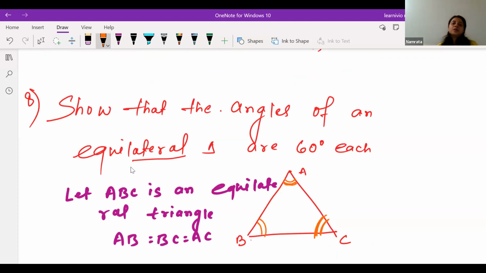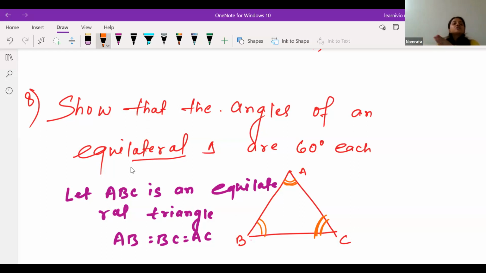So with the help of the isosceles triangle property, first we take triangle ABC as an equilateral triangle. Since the name is equilateral, all sides are same. Now, the isosceles triangle property says if two sides are same, their opposite angles will be same. So the first two sides I have taken as same, and the opposite angles also as same.